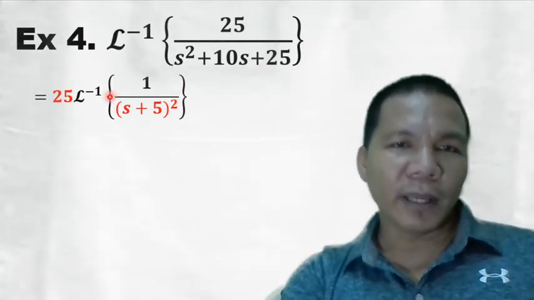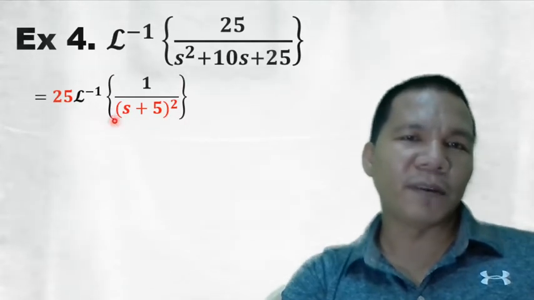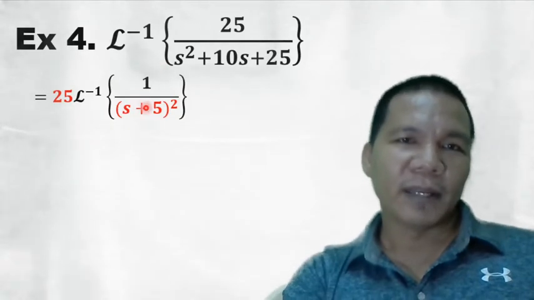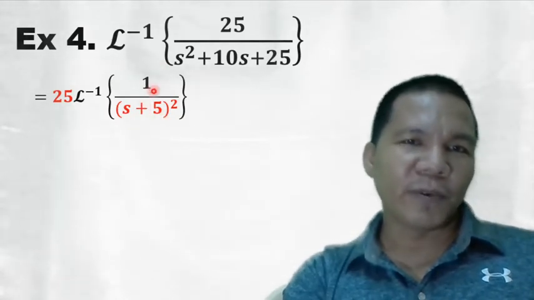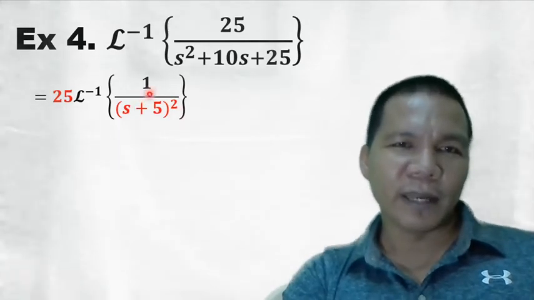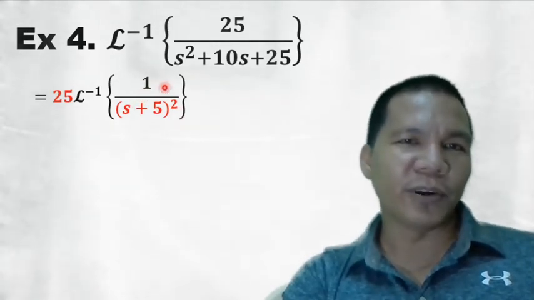Now, take a look at this one. This is in the form of the Laplace transform of t raised to n, right? Now, what is lacking in your numerator? Since the exponent here is 2, what is lacking? Right, there is no lacking in your numerator.